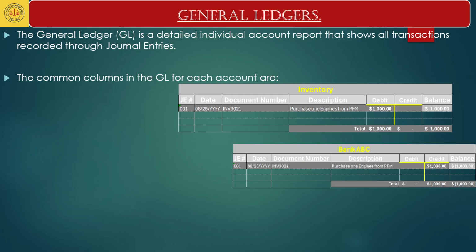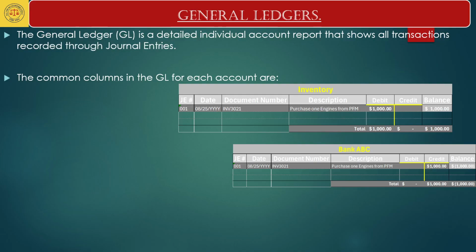So what happens is, let's say that you're in Excel, you technically have to copy that journal entry by accounts into one sheet called inventory, another sheet called bank, right? From the same journal entry. In a computerized system, you don't have to do that. That's automatic. Every time you do a journal entry and you decide which accounts it goes through, it is going to be posted there.